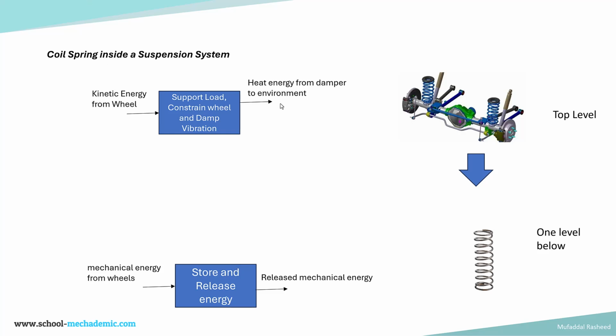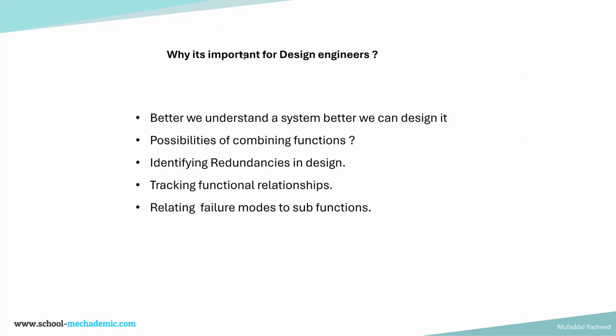So you can see how top level systems are being decomposed into elements, into various mechanical system elements, or we can say machine elements, which are performing individual functions, and those individual functions are then coming together to perform the top level function. Why is functional decomposition important for design engineers?